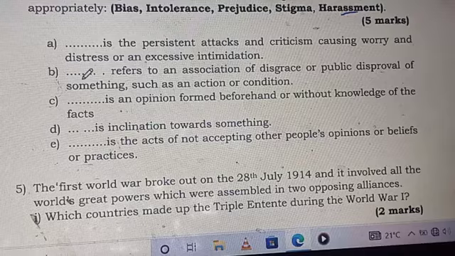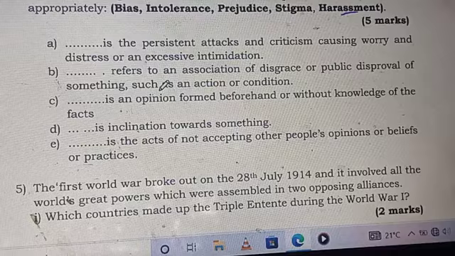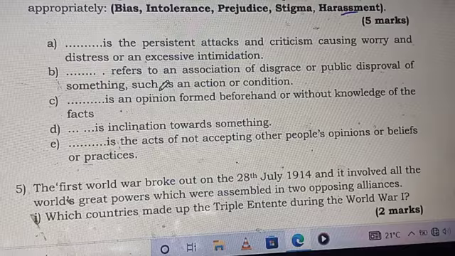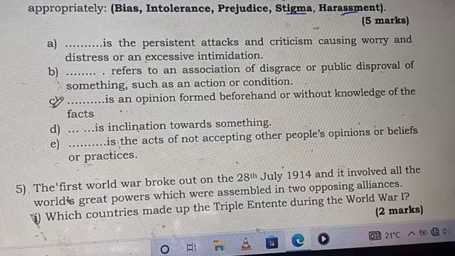B, dash dash refers to an association of disgrace or public disapproval of something such as an action or condition. The best one is this one: stigma, as the shame.